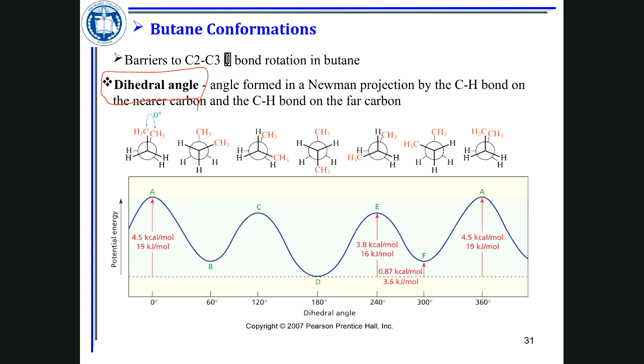That's the methyl group attached to carbon number 2, and this is the methyl group attached to carbon number 3. So when it's 0, that is totally eclipsed, and for the anti, you are taking it like this to 180 degrees. So 0 dihedral angle is totally eclipsed, and 180 is going to be the anti position.